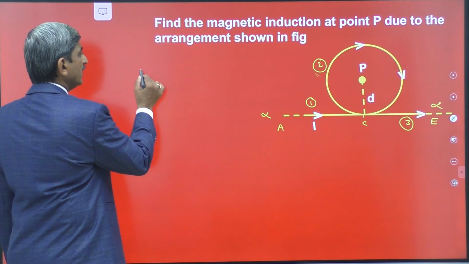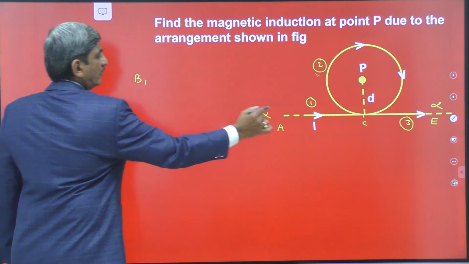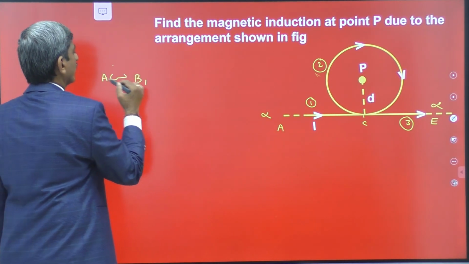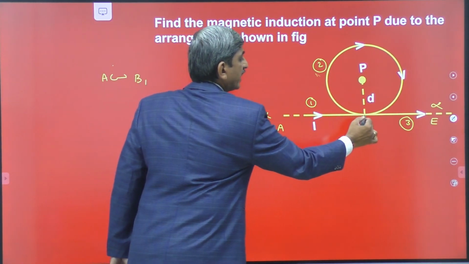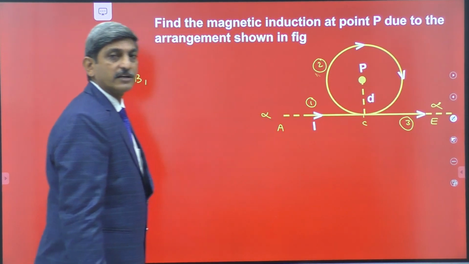Here, due to the first portion, that is AC, what is the magnetic field? So this is the infinite wire and the point is located nearer to one end of the wire.